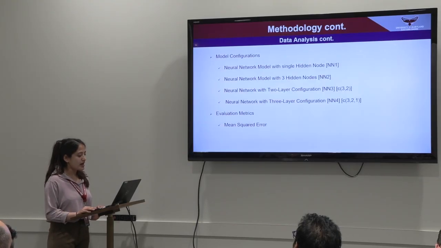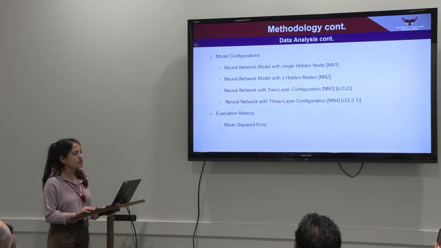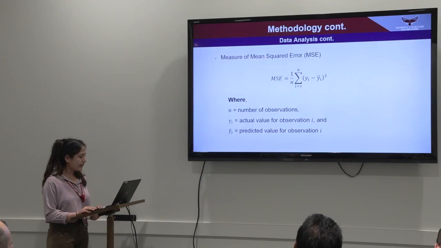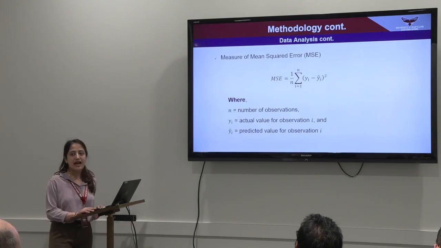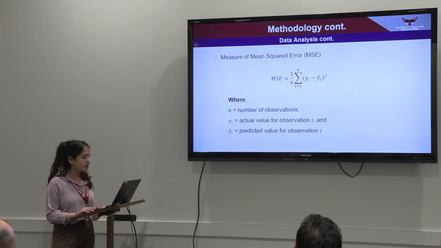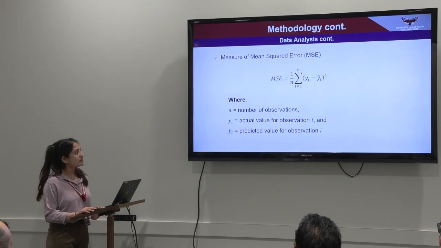And the last one was a 3-layer configuration having 3, 2, and 1 hidden nodes in each layer respectively. To assess which configuration had high predictive accuracy, we used mean squared error as an evaluation metric.